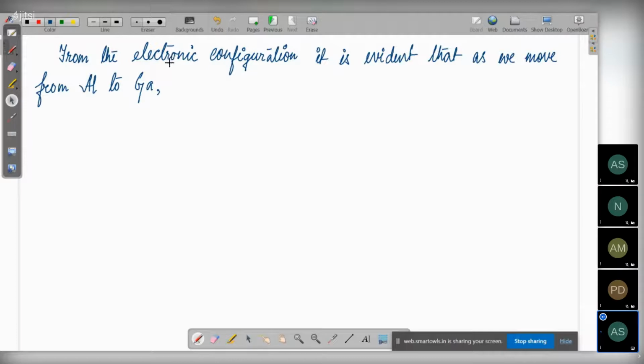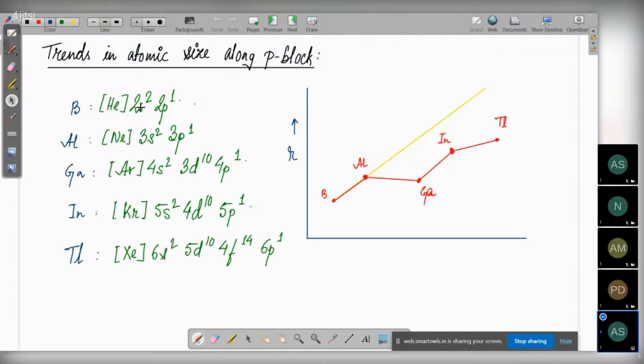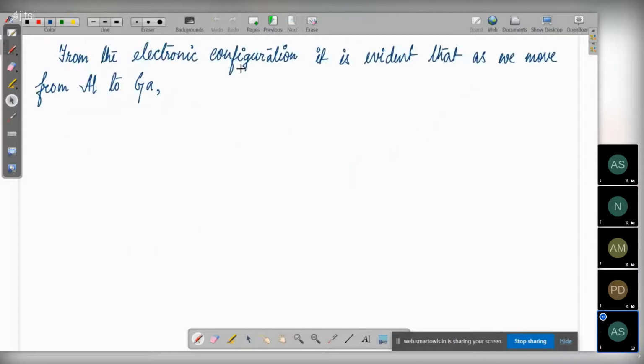We see that the principal quantum number naturally increases: here it is 3s2, there it is 4s2. So there occurs an increase in principal quantum number.